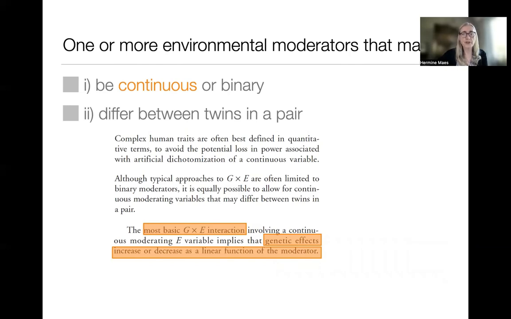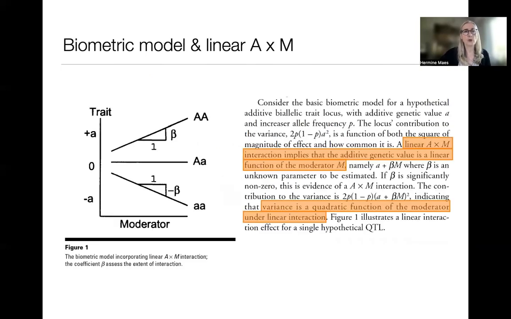Now, the most basic G/E interaction model involves a moderating variable that implies that genetic effects either increase or decrease as a linear function of the moderator. And I think this becomes clearer when we look at it in the context of the biometrical model.